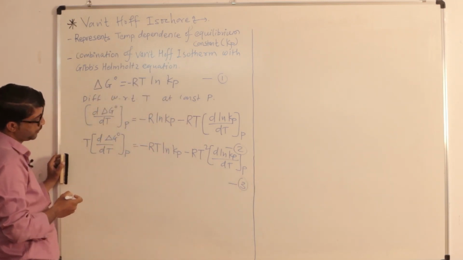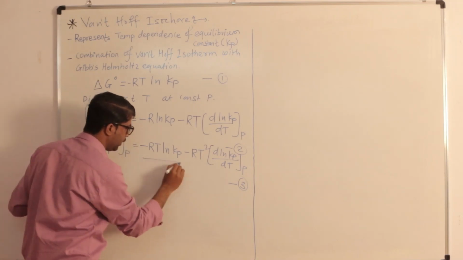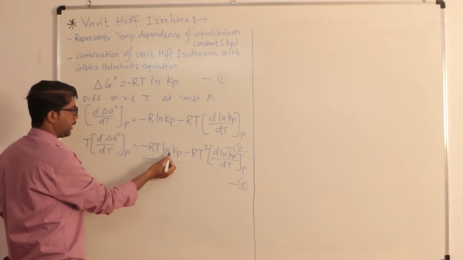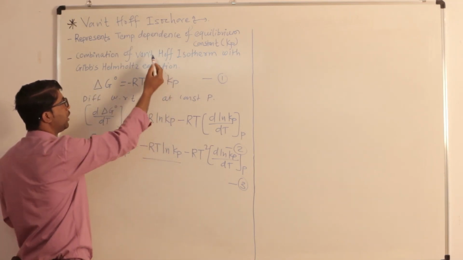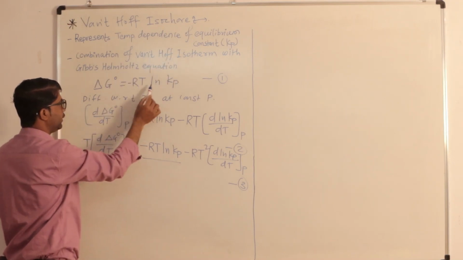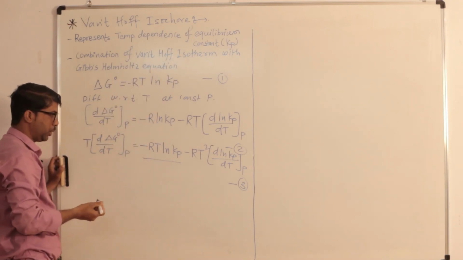In the next step, if you observe this term, it is minus RT ln Kp, and according to the van't Hoff isotherm, this is nothing but delta G0.